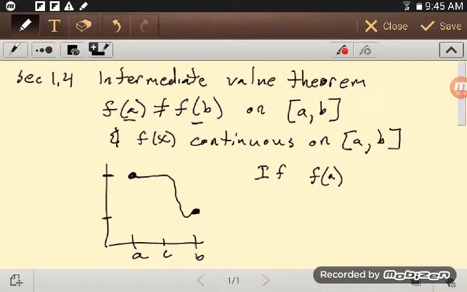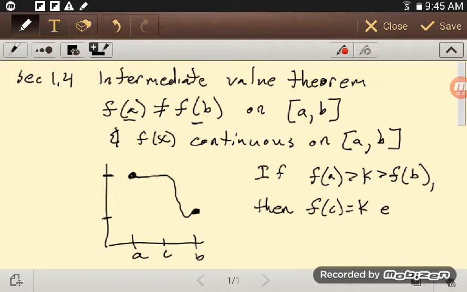So if f of a is greater than k, but that's greater than f of b, then f of c equals k exists with a less than c less than b. We can hit every value in between those two things.